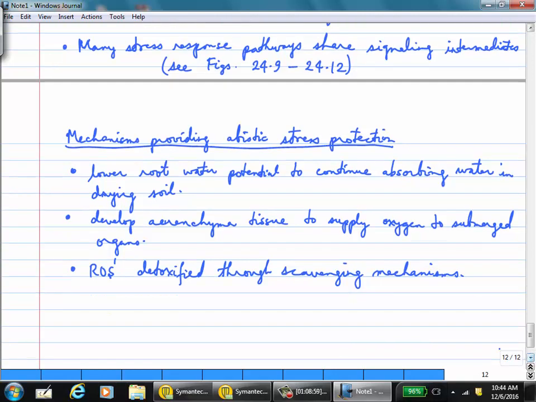Then if you're having protein that is getting denatured, you can make use of chaperone proteins. The plant can produce chaperone proteins. So chaperone proteins prevent sensitive protein denaturation.